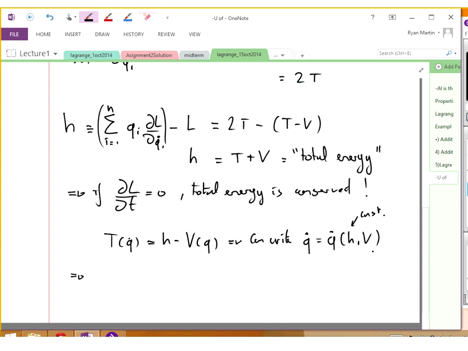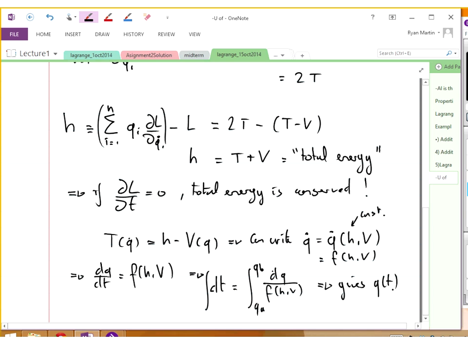Maybe I should call this a function f of H and V. That means that dq/dt equals that function f of H and V. And so that can be integrated, where you can do the integral of dt is equal to the integral from, say, qa to qb of dq over that function, and that gives you q of t.